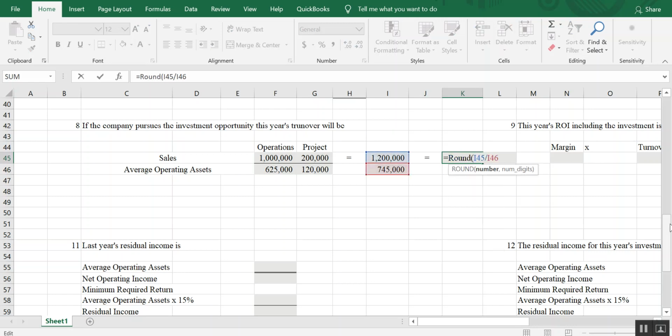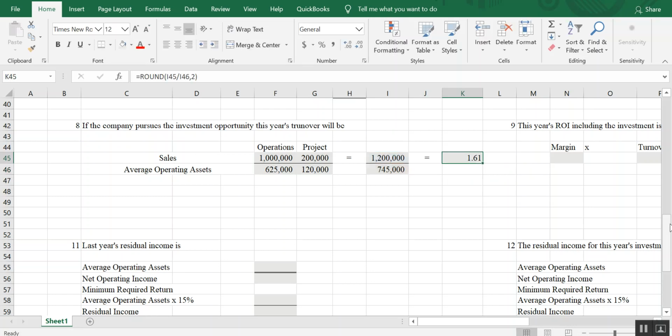Just as a side note, if you ever want to use the round formula, it's a great way to simplify your worksheets. And here, because I'm doing a decimal, I'm going to use a rounding of 2. So we have a turnover of 1.61, okay? And the way that I want to see things presented is that I would go ahead and round these off to 2 for decimals, 1 or 0 for percentages.